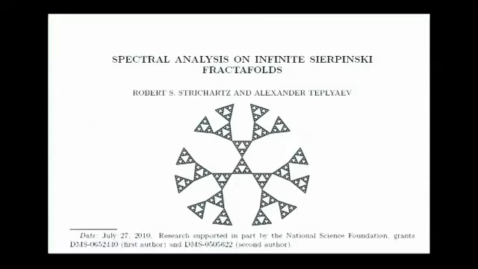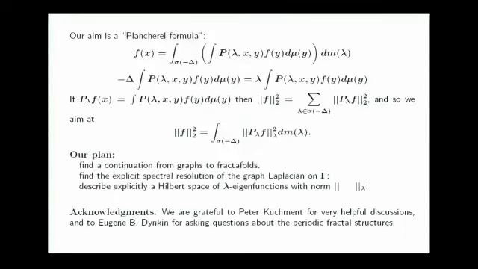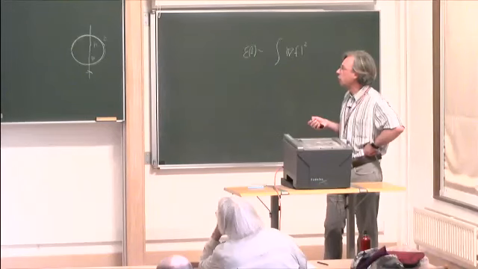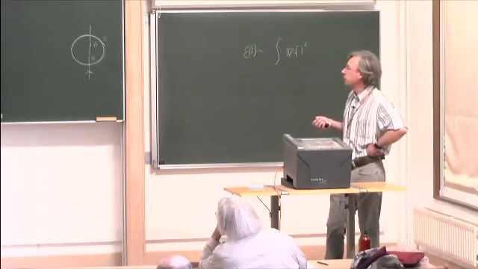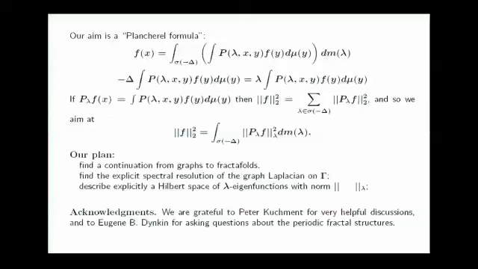Of course, usually you start by computing the spectrum, but because the situation is so nice, we set a larger goal. We wanted to compute the Poincaré formula, and even more basically, we wanted to write a complete Fourier analysis. Fourier analysis can be written in terms of, again, function expansion for the Laplacian. But of course, the Laplacian does not have to have a discrete spectrum.